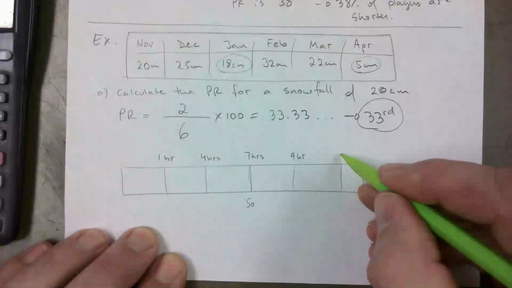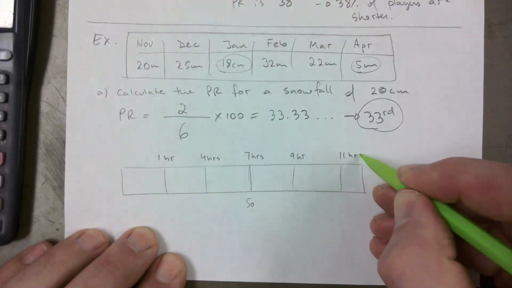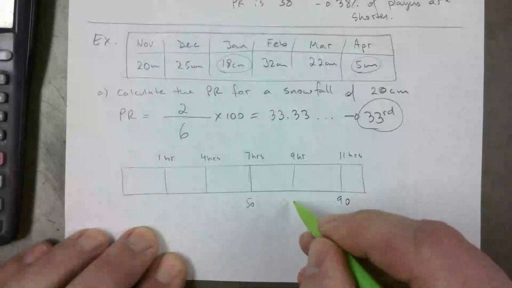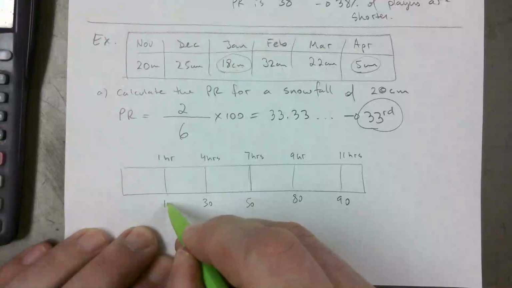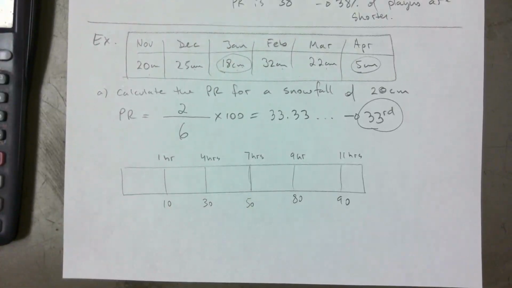These could be anything. 11 hours, and you know that this is the 90th percentile, this is the 80th, this puts you at the 30th, and this is 10th percentile. Okay, so you got to be able to read this a little bit.